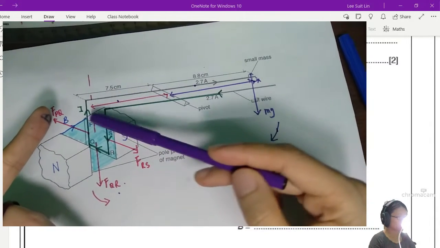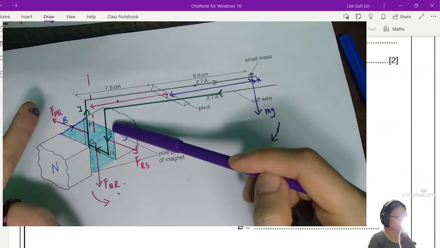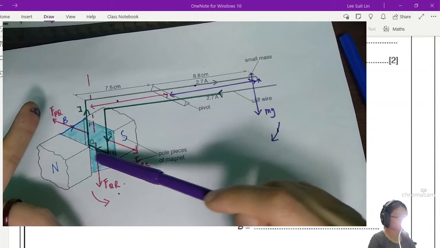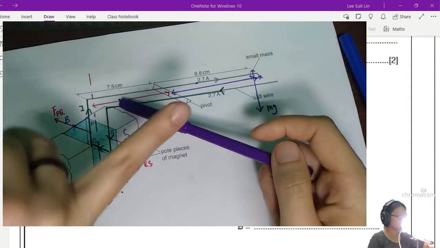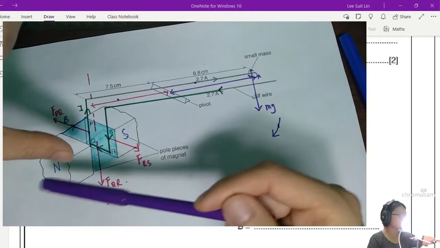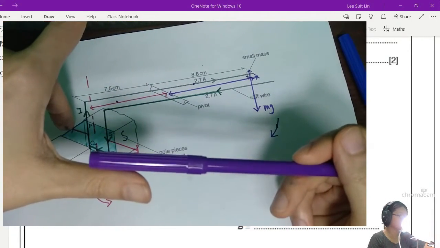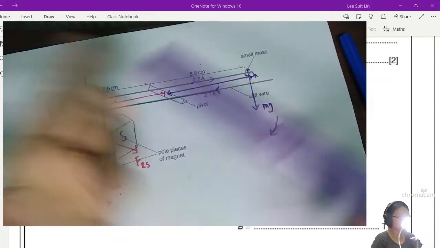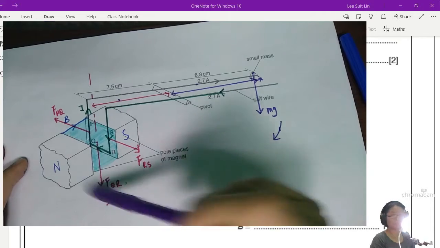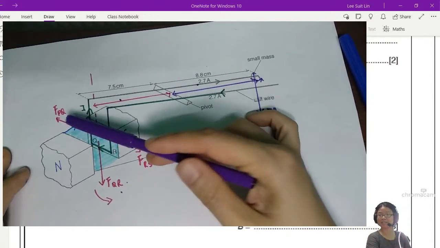There are many ways to align your middle finger: pointing up, pointing down, pointing from right to left, Q to R. So you adjust accordingly and see where your thumb is. Wherever your thumb is, whether it's downwards to this side or to this side, will show you the direction of force. So please practice. I quite like this example because you can actually learn to use your Fleming's left-hand rule in 3 ways.